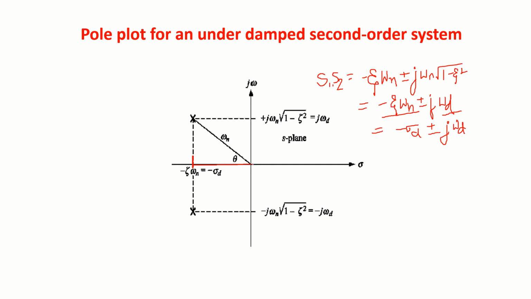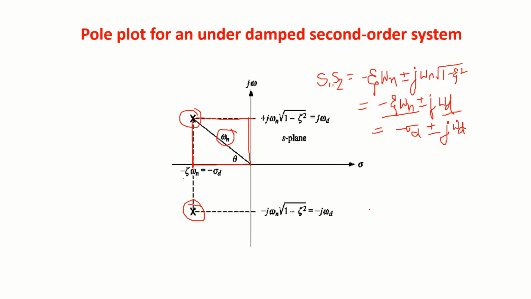The imaginary part is omega n under root 1 minus zeta square. So you will get one root here and another root here. This length squared is zeta omega n squared, plus this square is nothing but omega n, the hypotenuse.